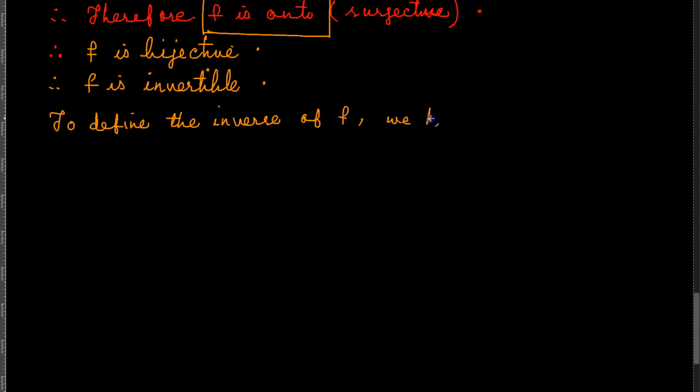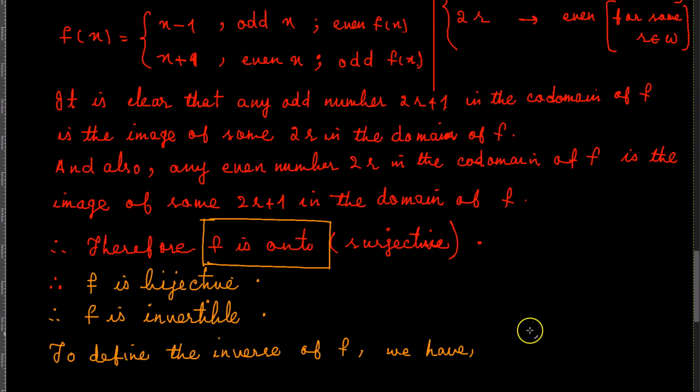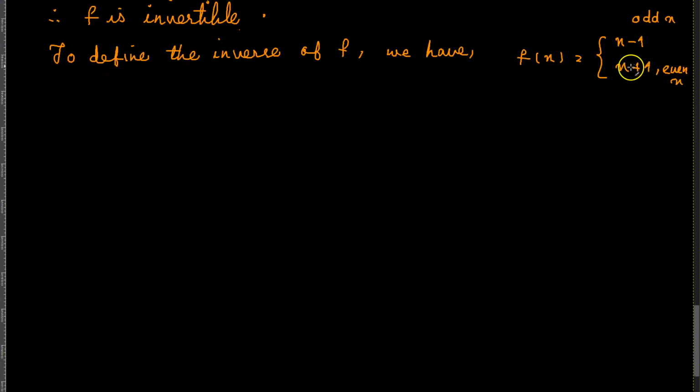So f was this function here, which was f of x is equal to x minus 1 for odd x's, and x plus 1 for even x's.